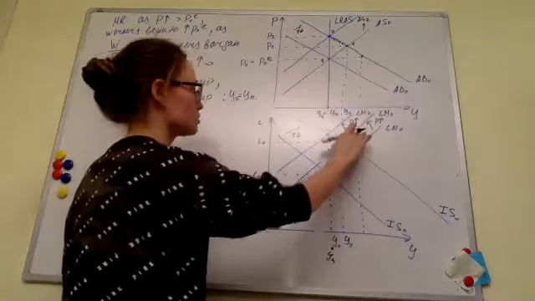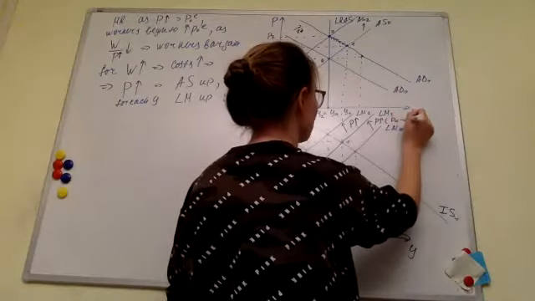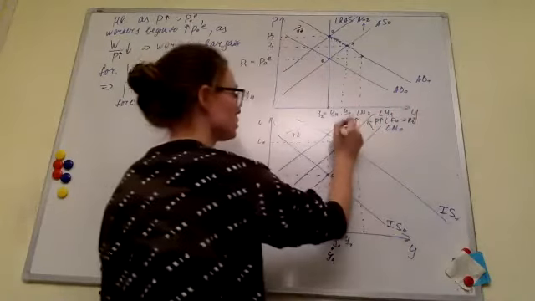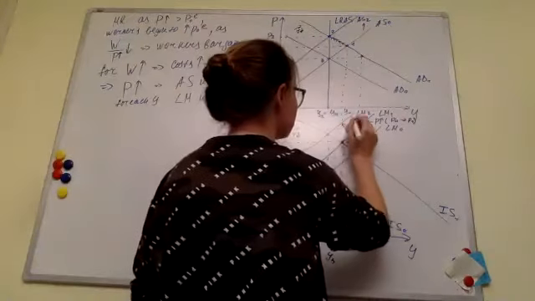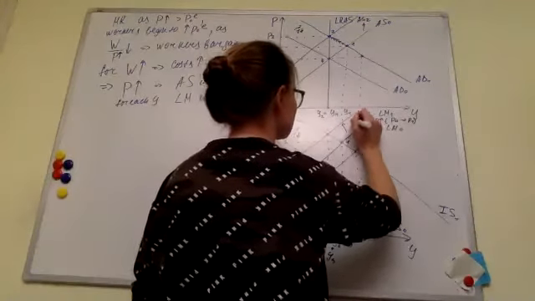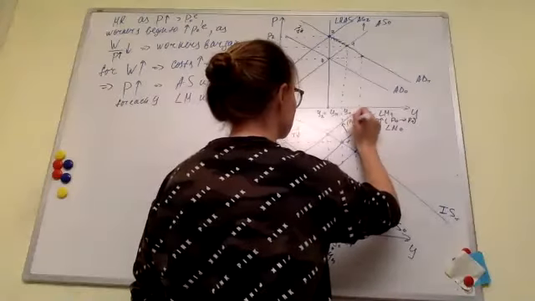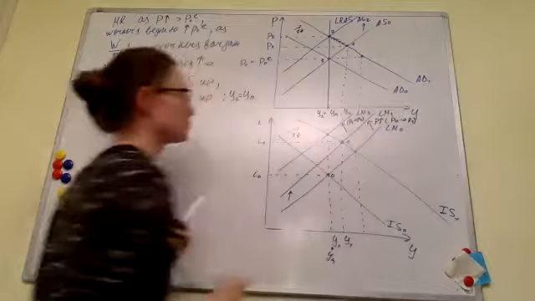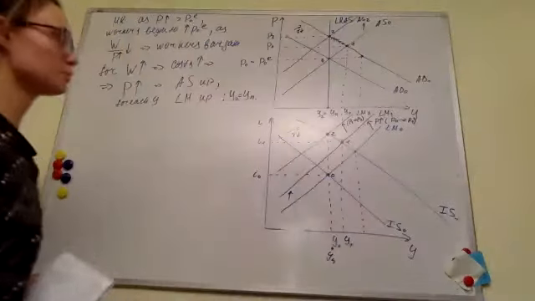The first shift was because prices went from P0 to P1, and the second shift of LM was from P1 to P2. And this is equilibrium 2.